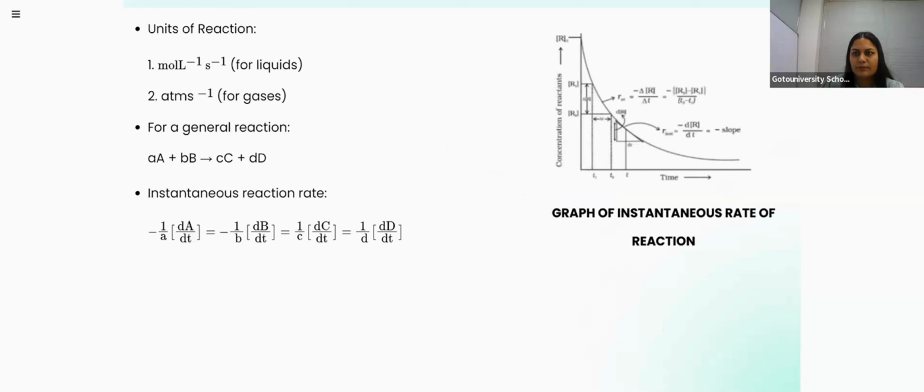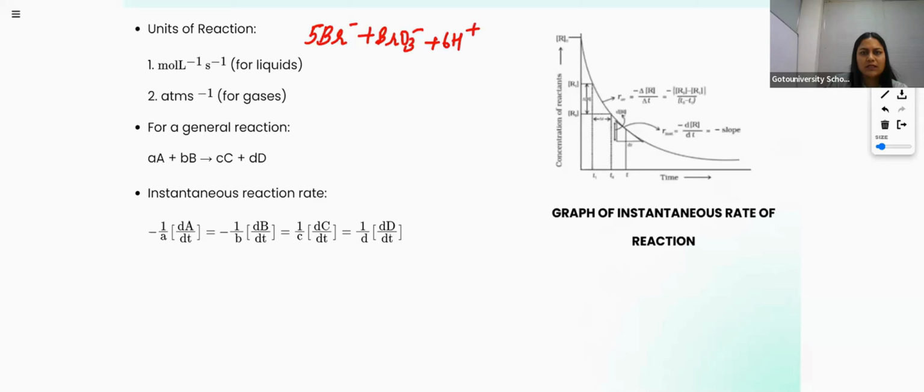Before moving forward, let us do one more example. For this, 5Br negative plus BrO3 negative, plus 6H positive. Now these are all the reactants, and they form the products 3Br2 plus 3H2O.